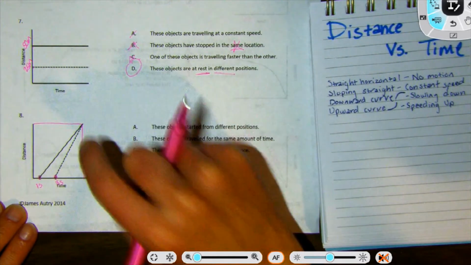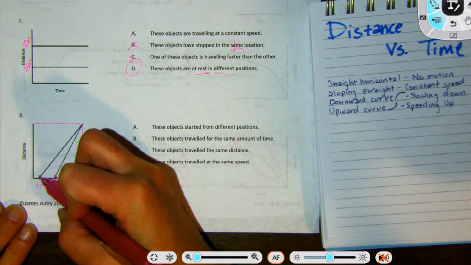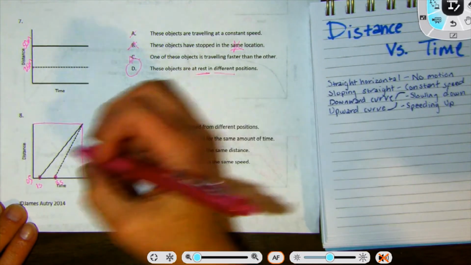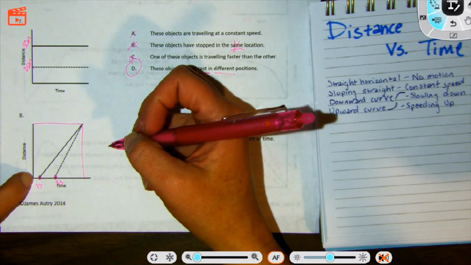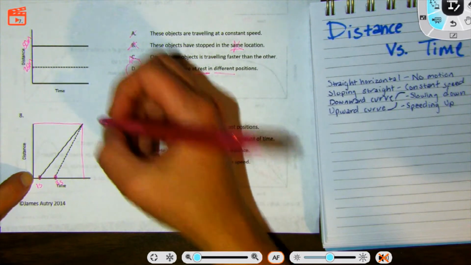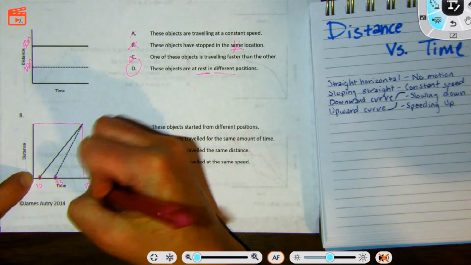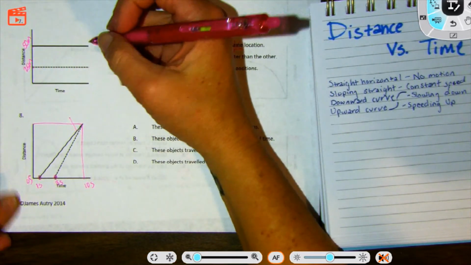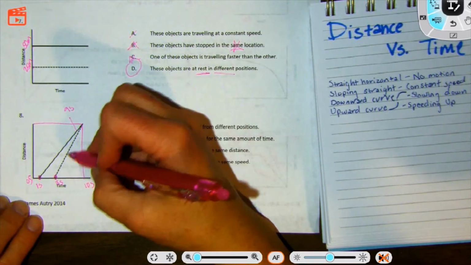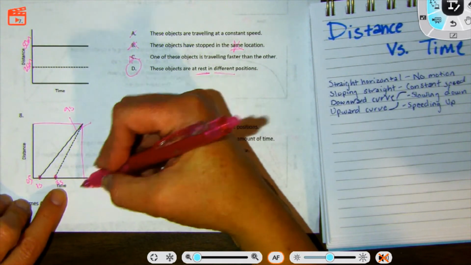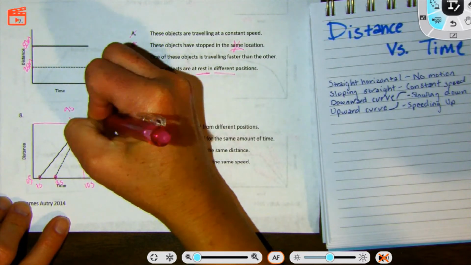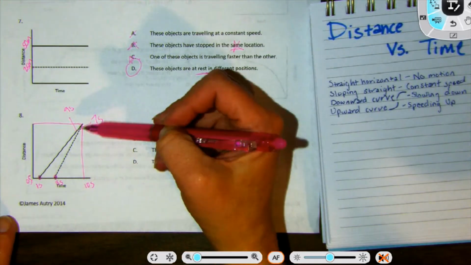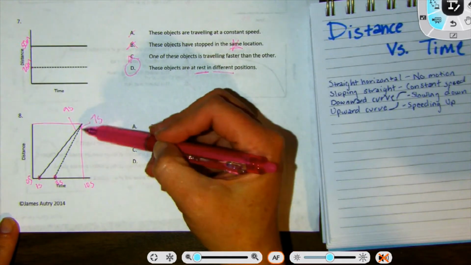If this one started after 1 second, because we know that's 0 seconds, right? But 0 is right there. All right, so if we say they made it, this is 10 seconds. So 10 minus 1, this guy traveled 9 seconds. This guy, 10 minus 3, 7 seconds. So they traveled the same distance, and they ended at the same time, but they didn't travel the same amount of time, right?